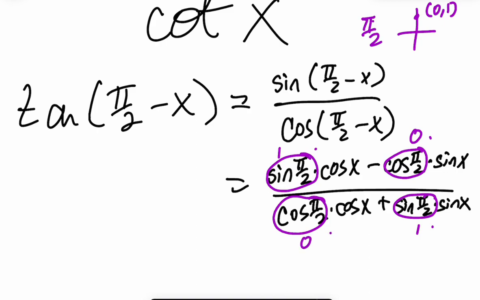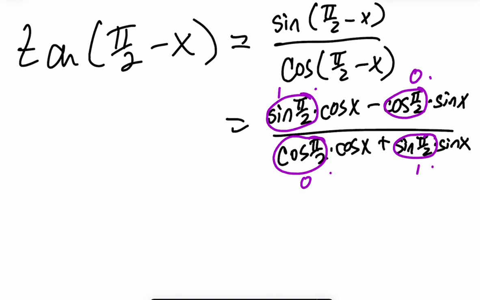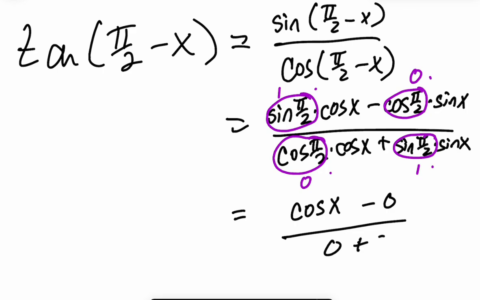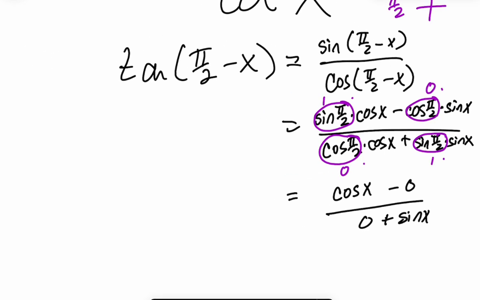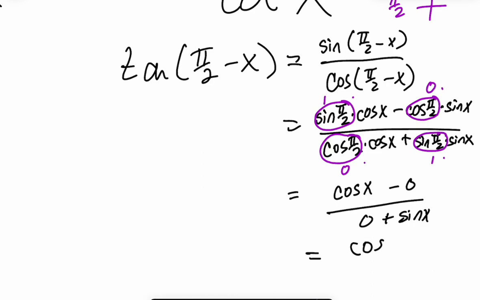So let's put in those 1s and 0s and watch what happens. We get 1 times the cosine, which is a cosine. We get 0 times sine, which is 0. And here we get 0 plus the sine, which is cosine over sine, which we learned is the cotangent.